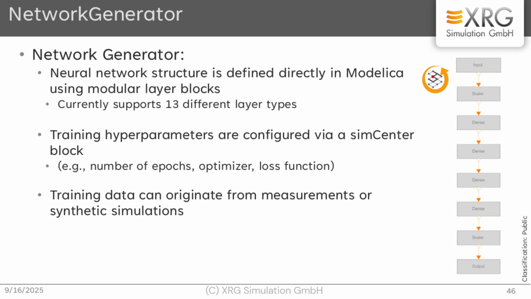And right now we are supporting 13 different layer types. As you see on the right side, you can always connect them just like this. You have at the top the input, at the bottom the output, and in between you can drag and drop your different layer blocks. By double clicking and adjusting parameters, you can then define the number of neurons, also called units. And you can define which activation function the block should have, and there are different kinds that you can use.